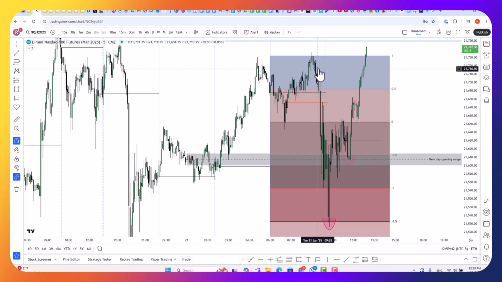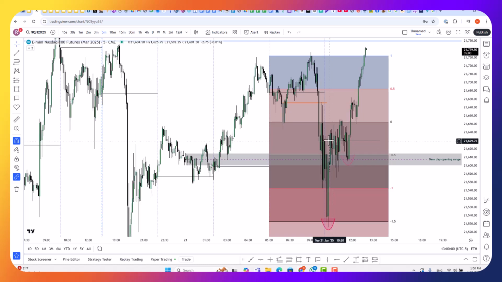So from 9:30 to 10, price was going down, and then from 10 to 10:30, right here, that is another 30 minutes of trading. So that is the first hour of trading. We got to our liquidity pools, and then price reversed.